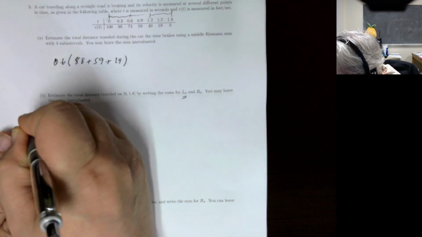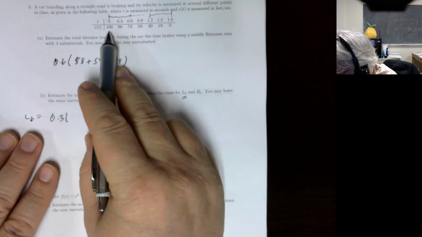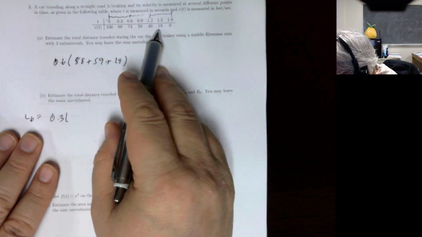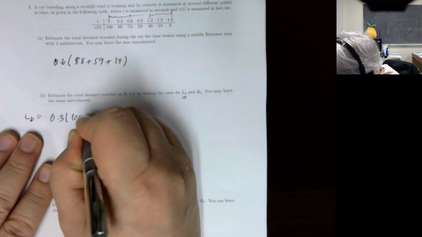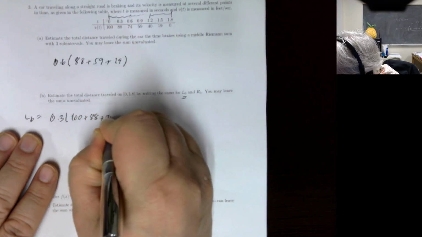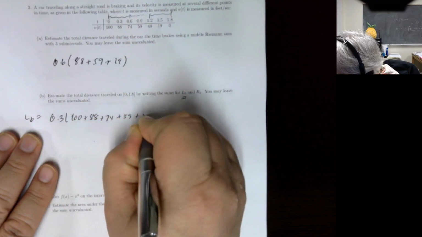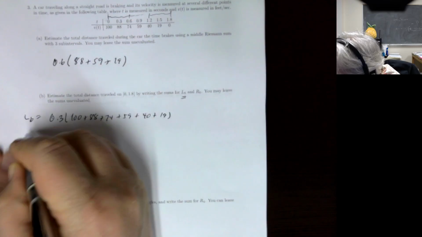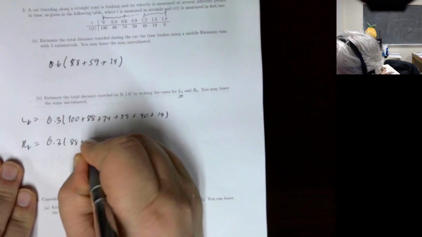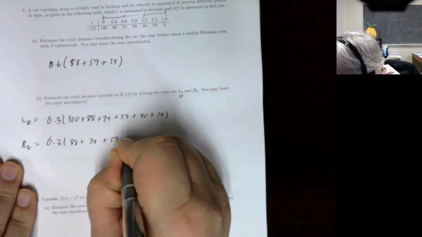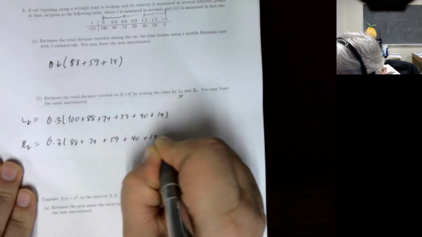So for L6, it's just going to be 0.3, and then we just sum the y values from 100 here to 19. So it's 100 plus 88 plus 74 plus 59 plus 40 plus 19. And then R6 is going to be 0.3. Now we don't use 100, but we do use 0. So we go from 88 down: 88 plus 74 plus 59 plus 40 plus 19 plus 0. Good. That's it.